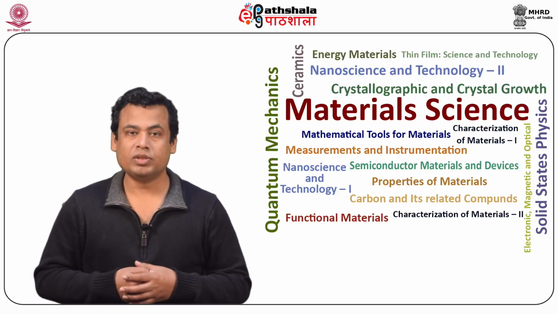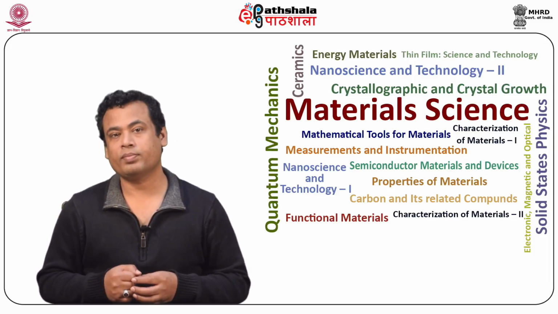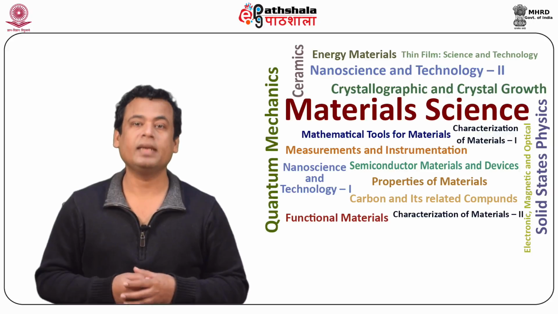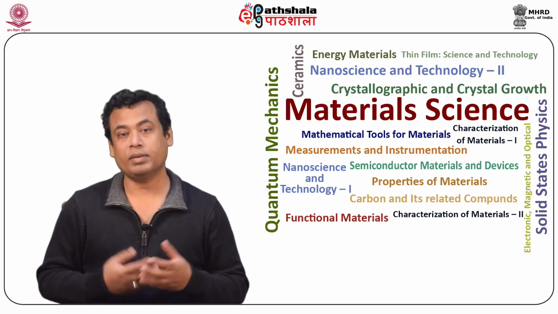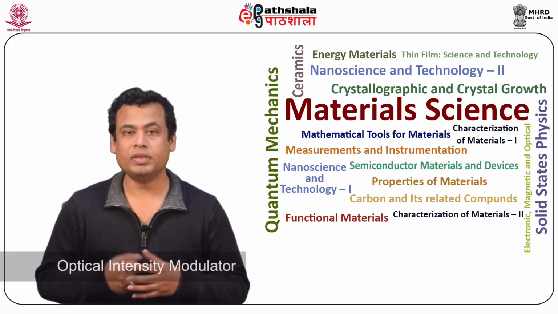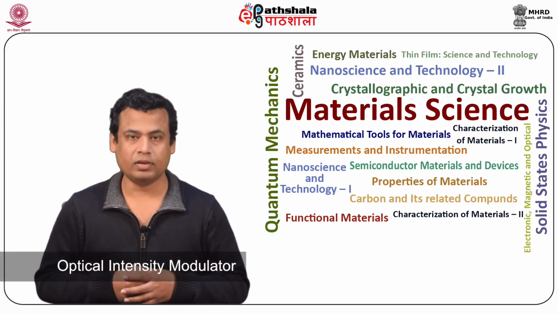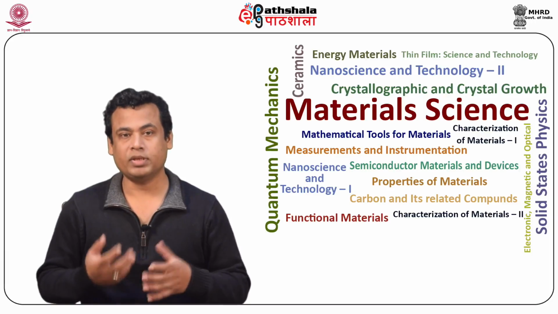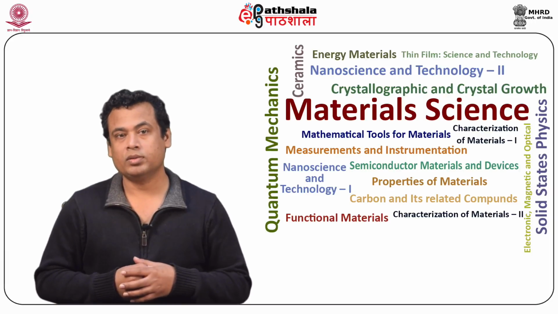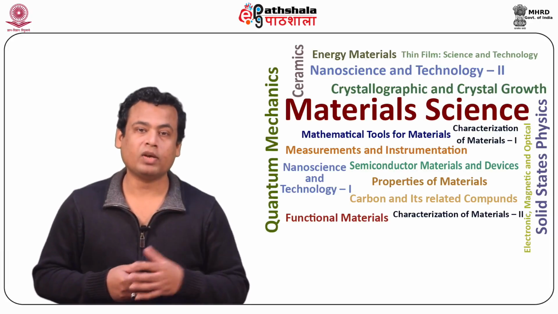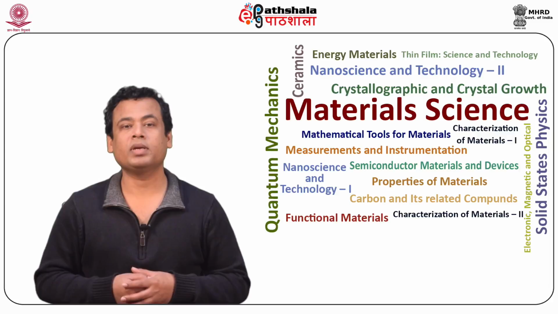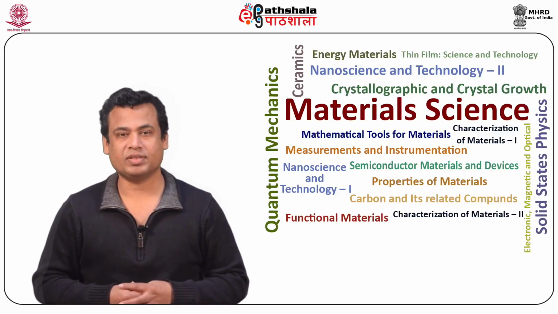The transmittance of the device is therefore electrically controllable so that it can be used as an optical intensity modulator or an optical switch. So these are useful components for optical communications and optical signal processing applications.